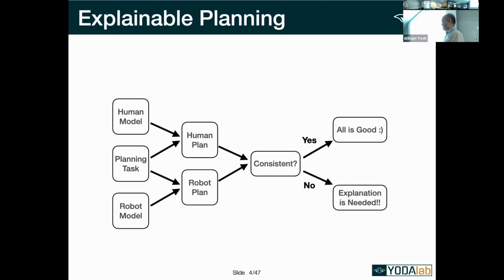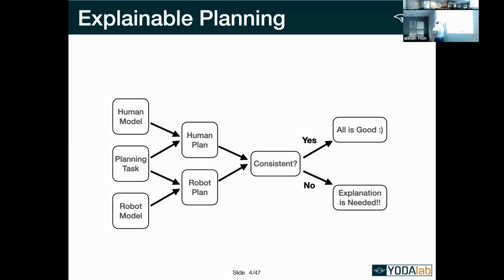And so this motivates the whole problem, which is, if you have some sort of a planning task, like a Roomba vacuuming a room, the robot has some sense of how the room is and how the robot works, and so has some plan for how it's going to do that.